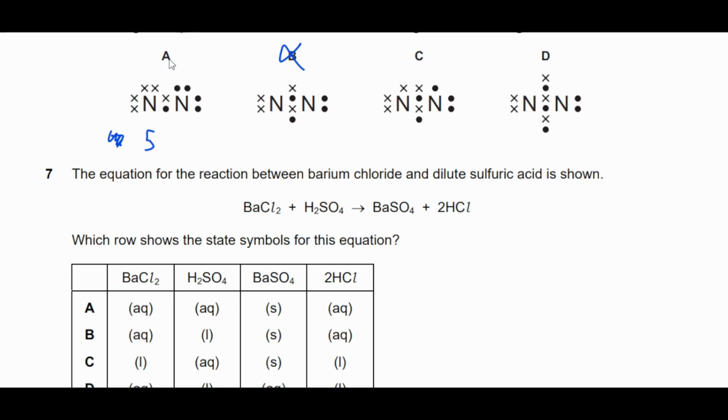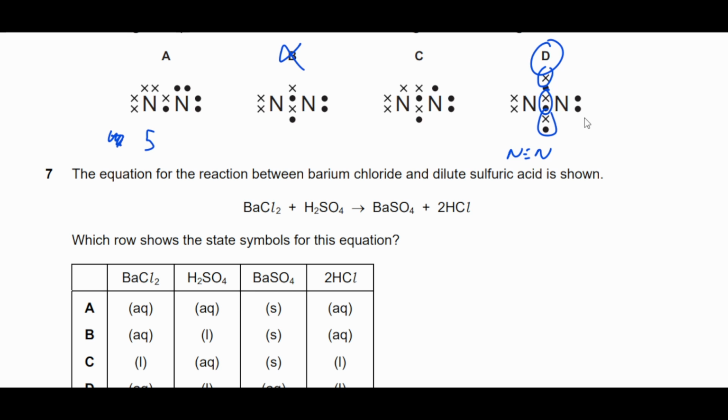Okay, next we need to know how many bonds nitrogen forms. So nitrogen forms 3 bonds. So the answer is D, right? There's one bond here, one bond here, and one bond here. And you see each nitrogen has 5 of its own electrons.